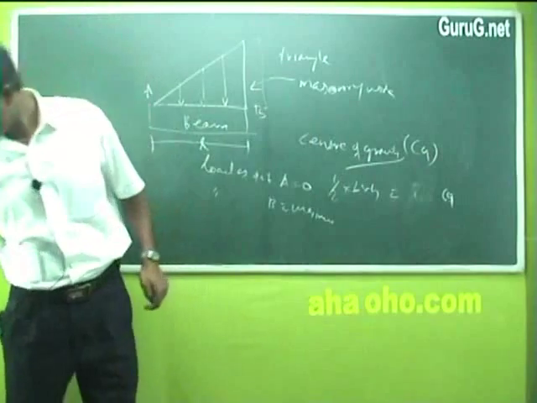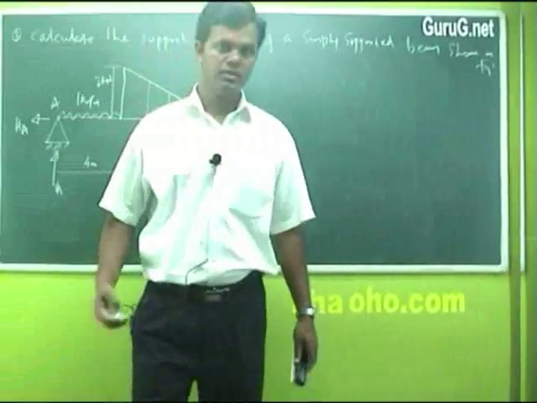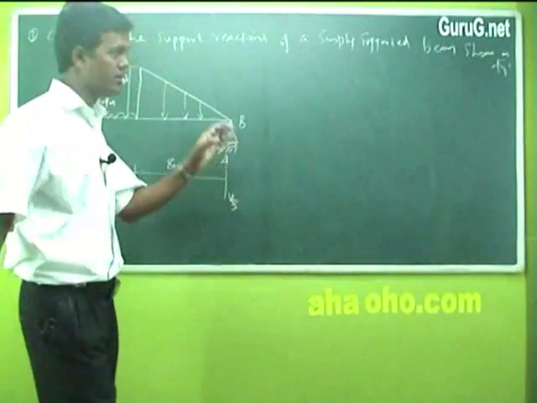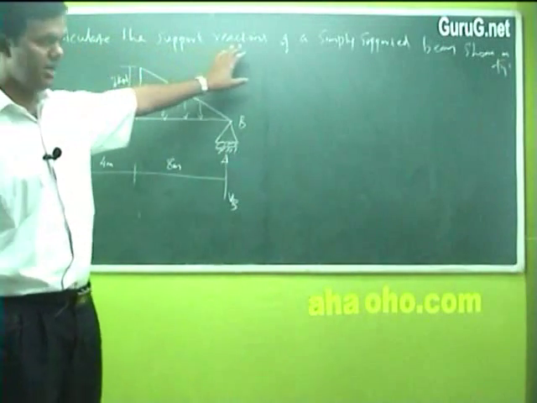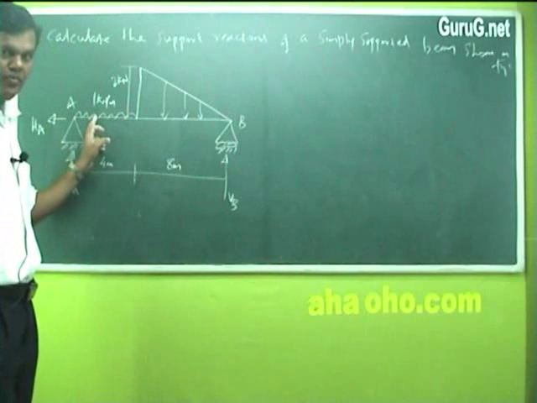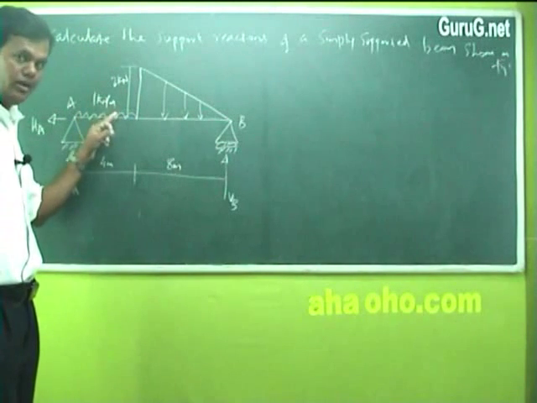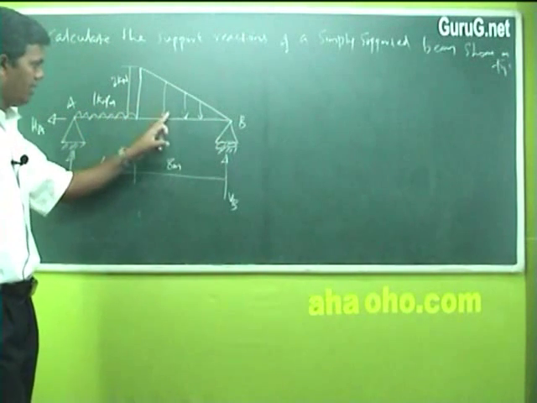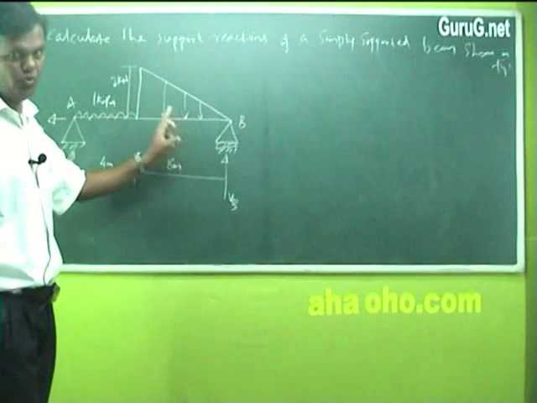That we'll see, right? So this is one kind of problem here. It asks to calculate the support reactions of a simply supported beam. Here it is given as a uniformly distributed load, UDL. This shape denotes UDL, and one more, uniformly varying load, UVL.